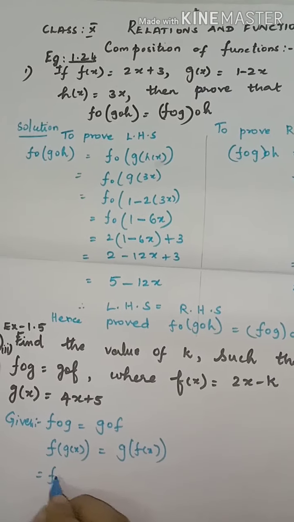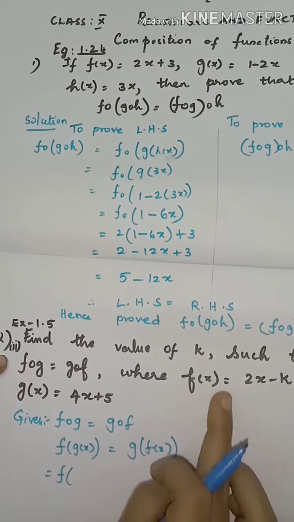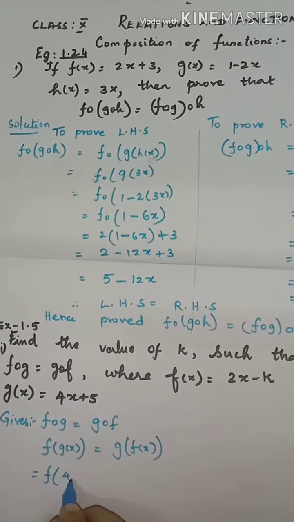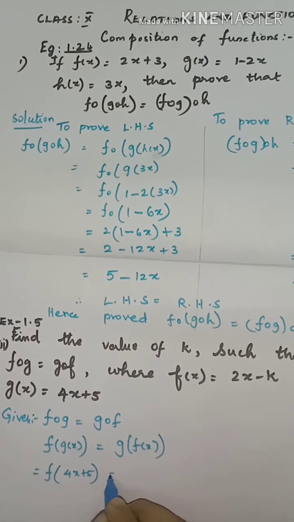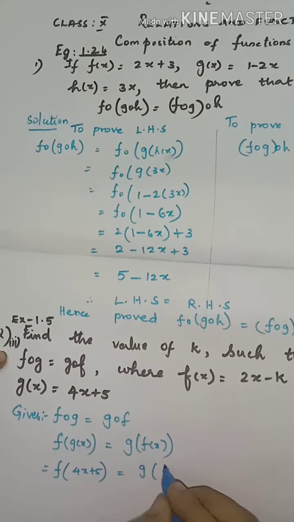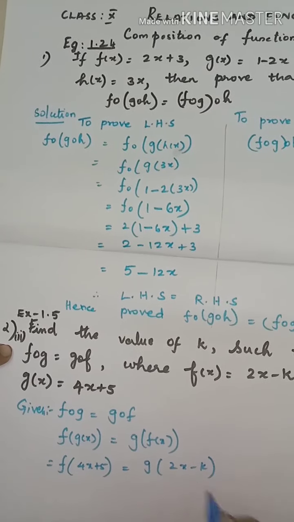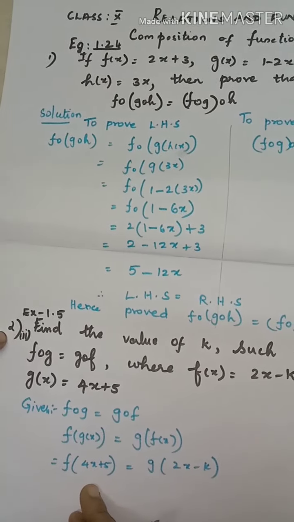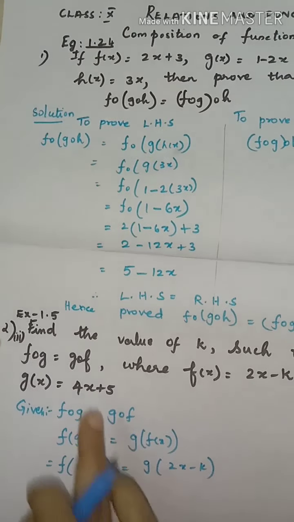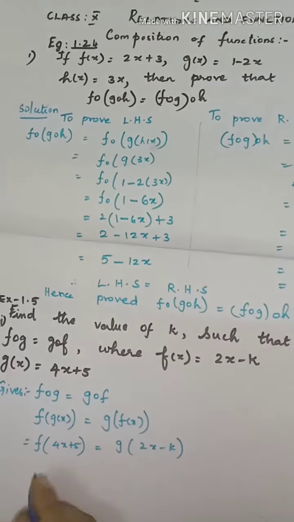I already told you, what is the function given for g(x)? 4x + 5, that is equal to g(f(x)), 2x - k. So you take the function 4x + 5 and substitute in the f(x) function.